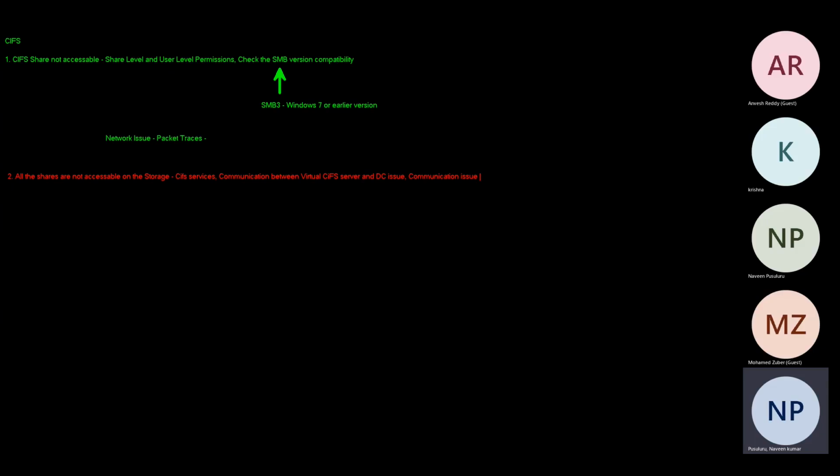Okay. Next, another issue is communication issue between vServer and vScan server. So I told you, right? Normally for CIFS, we use antivirus scanning also because SMB is not a secure protocol, right?